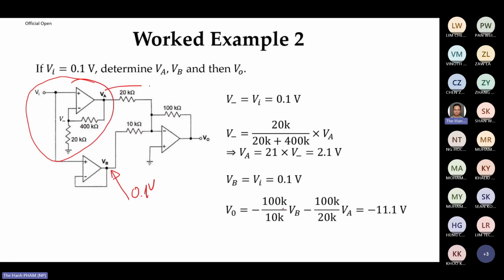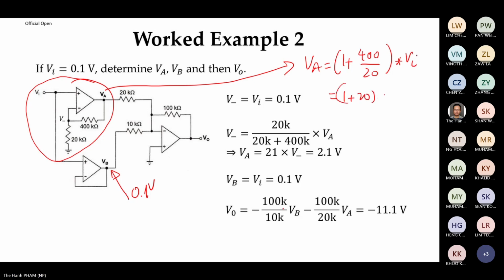So the formula for VA should be 1 plus 400 over 20 times Vi. This one is 1 plus 20 times 0.1. 21 times 0.1, which is 2.1 volt, right?